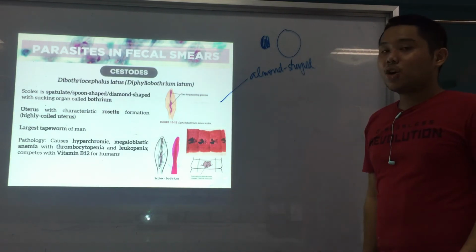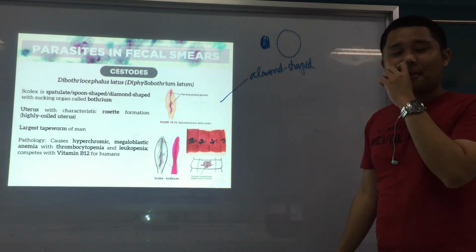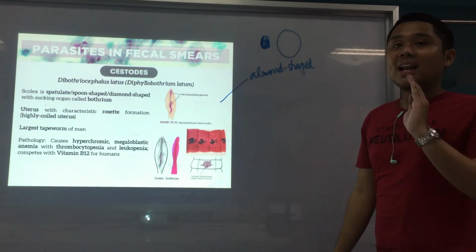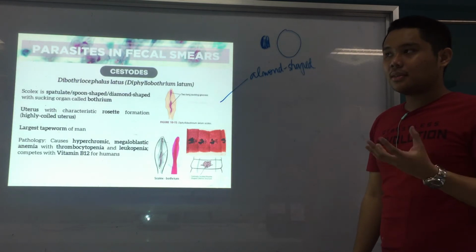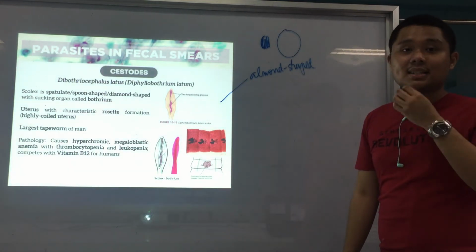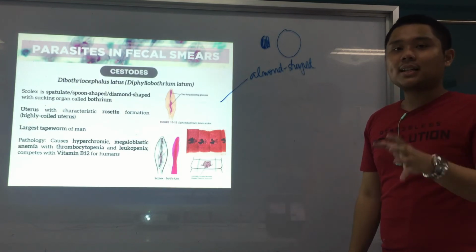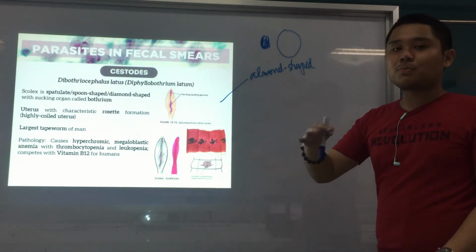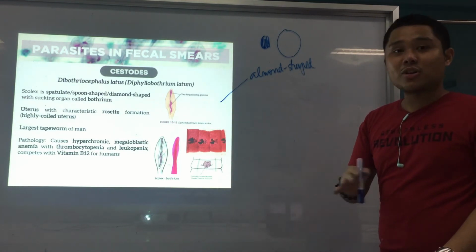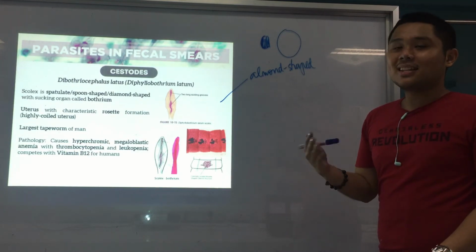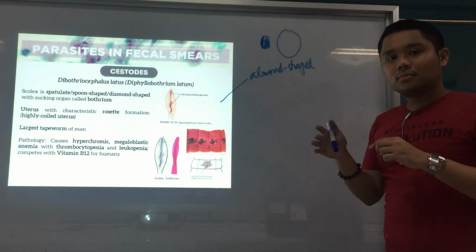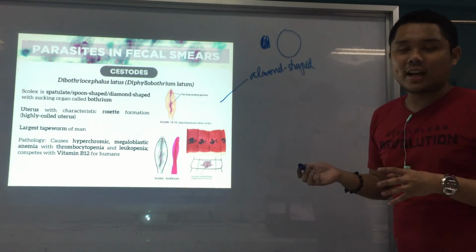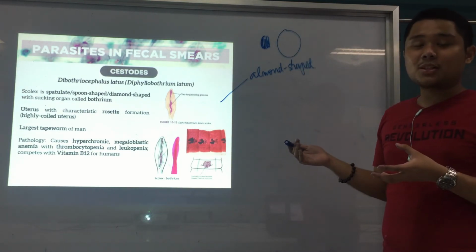Why? Because D. latum competes with vitamin B12. And vitamin B12 is part of the metabolism of your RBCs. Vitamin B12 is part of DNA maturation or DNA synthesis in your RBCs. If there is no vitamin B12, the growth of your RBCs will not be regulated.